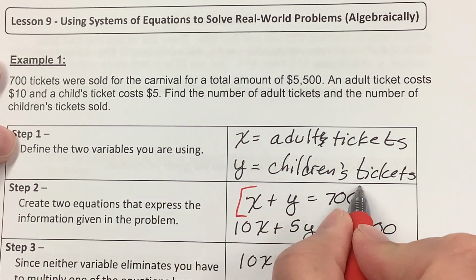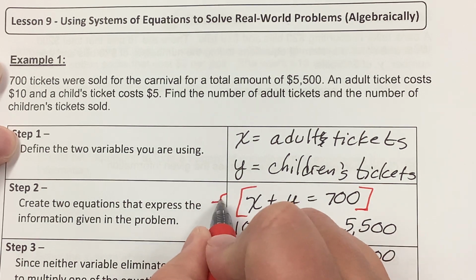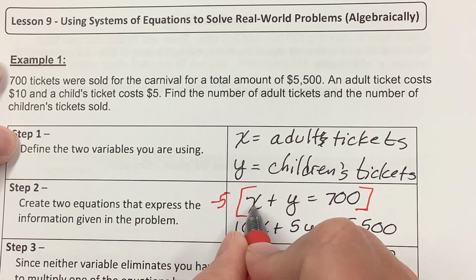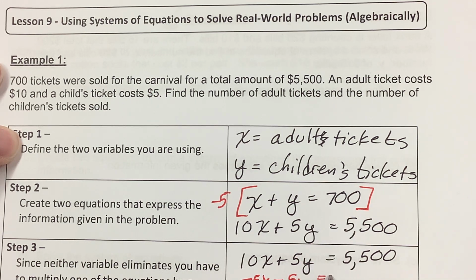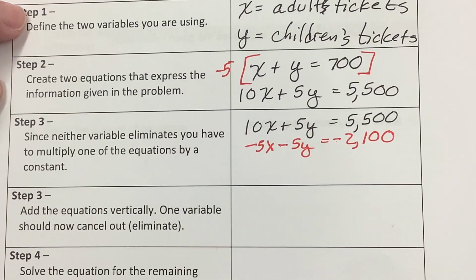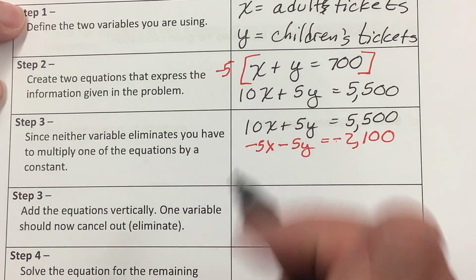So this whole equation is going to be multiplied by negative 5. Negative 5 times 5x, negative 5x. Negative 5 times y, negative 5y. Negative 5 times 700, negative 2,100. So that's how I am eliminating one of my numbers.